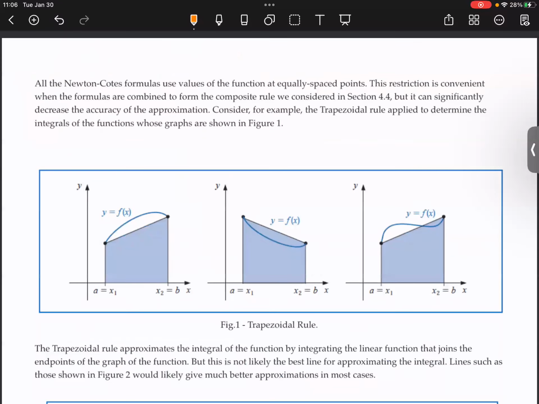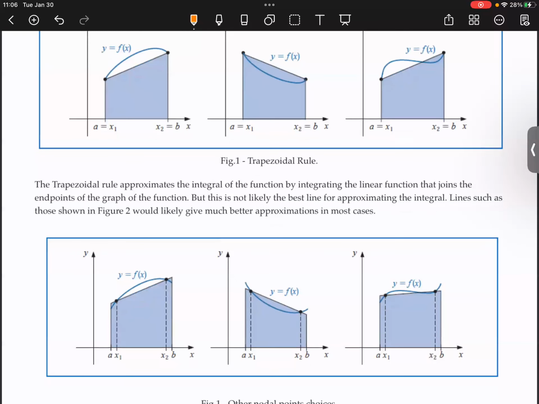This one is the trapezoidal rule, right? We take the endpoints to be our representative points here, and this is the trapezoidal rule. Then let's take a look at figure 2. In figure 2, we choose some points, not the endpoints, but some points inside the interval.